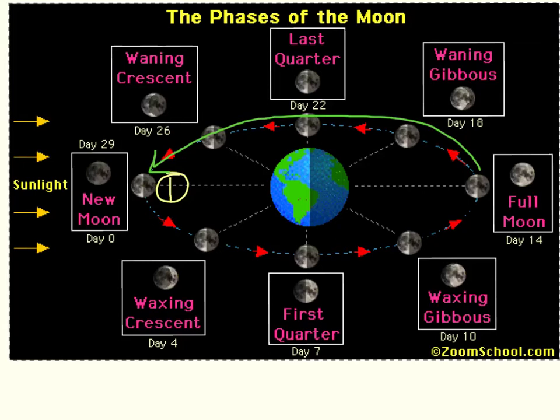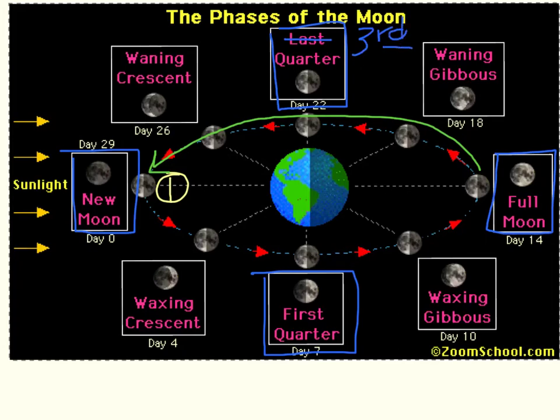That brings us to our next major event in the moon cycle. We started with a new moon and moved to a first quarter moon and then a full moon. The next major event is considered a last quarter or a third quarter moon.